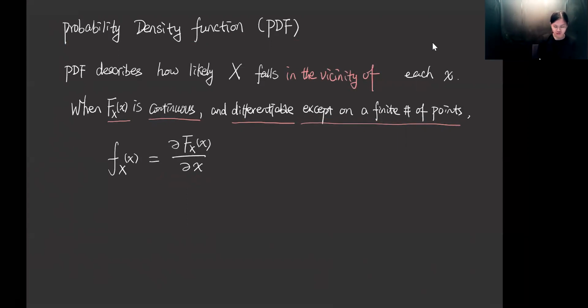When it is differentiable, this derivative exists, so you can define the PDF at that point to be the derivative. What about the non-differentiable points? It turns out that at the non-differentiable points, it doesn't matter what value you give the PDF. It will not affect any calculation that you do using the PDF. Usually we give a value that makes the PDF function also continuous. So that's the definition of the probability density function.